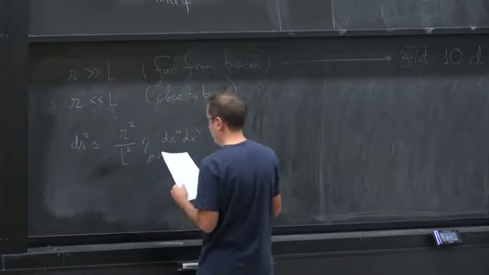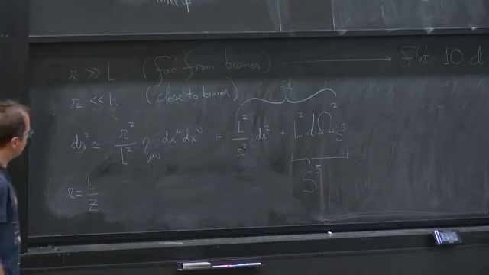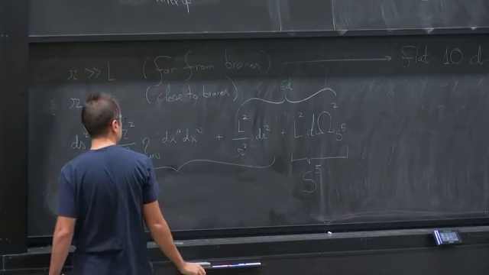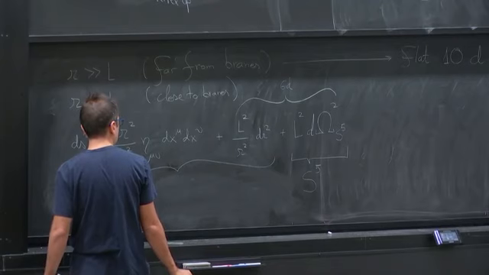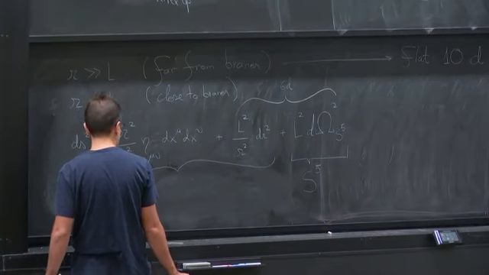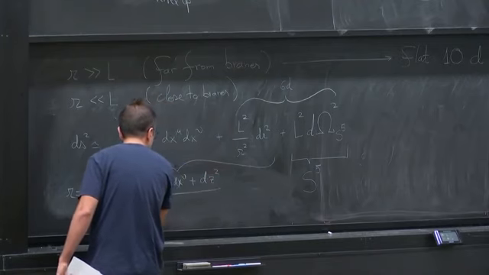And what is this space here? Well, you might not recognize it yet, but if you write R equal to L over z, then this becomes eta mu nu dx mu dx nu plus dz squared, divided by z squared.